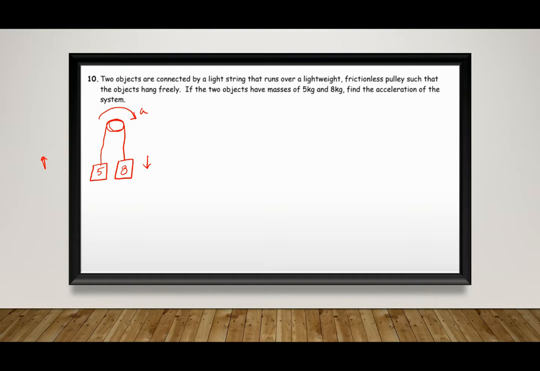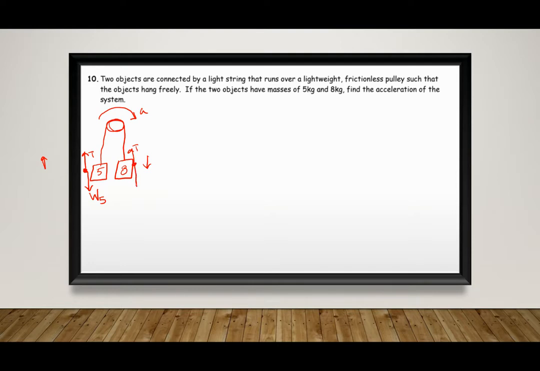Okay. So now I want to draw my free body diagram for each. My free body diagram here is going to be equal to my tension. And then I have force of gravity, or my weight, 5. Now over here, I have my tension.